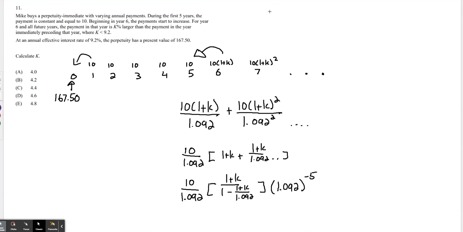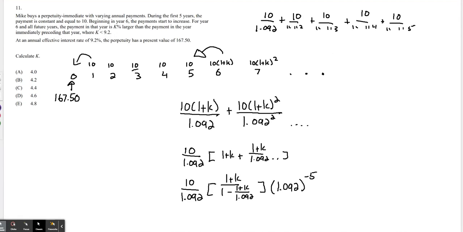So I could just do it in terms of annuity notation, but in case you don't know it, we don't have that many. We can say 10 divided by 1.092, right? Plus 10 divided by same thing squared, plus 10 divided by same thing cubed, plus 10 divided by same thing to the 4th, plus 10 divided by same thing to the 5th.